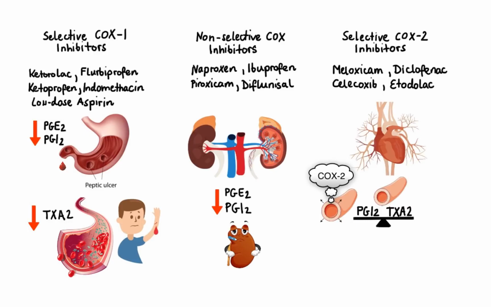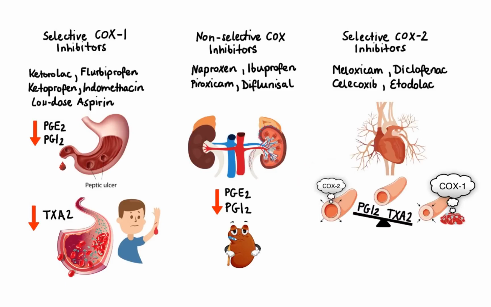On the other hand, thromboxane A2 is produced mainly by COX-1 in platelets, and it's responsible for vasoconstriction and promotion of platelet aggregation. So now, the problem arises when selective inhibition of COX-2 tips the balance in favor of thromboxane A2 formation. This makes vasoconstriction and platelet aggregation more likely to occur. This in turn leads to increased risk of cardiovascular events, including myocardial infarction and stroke.